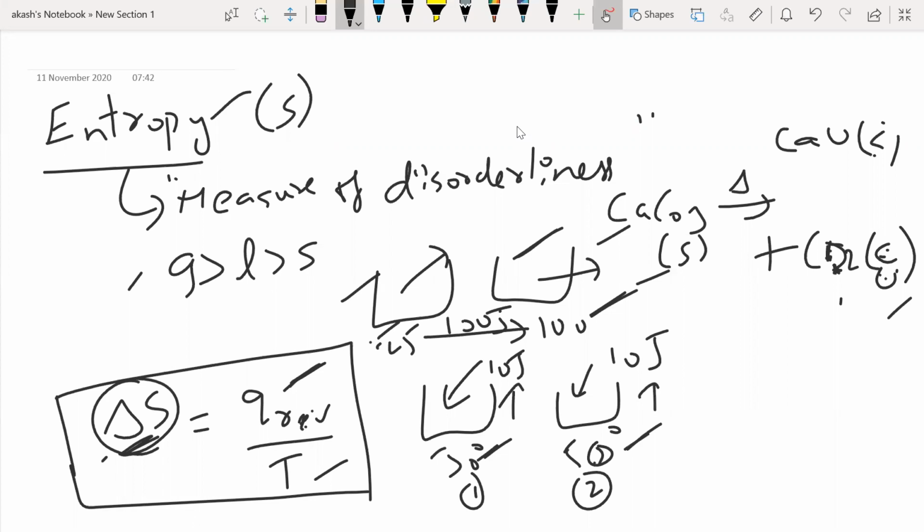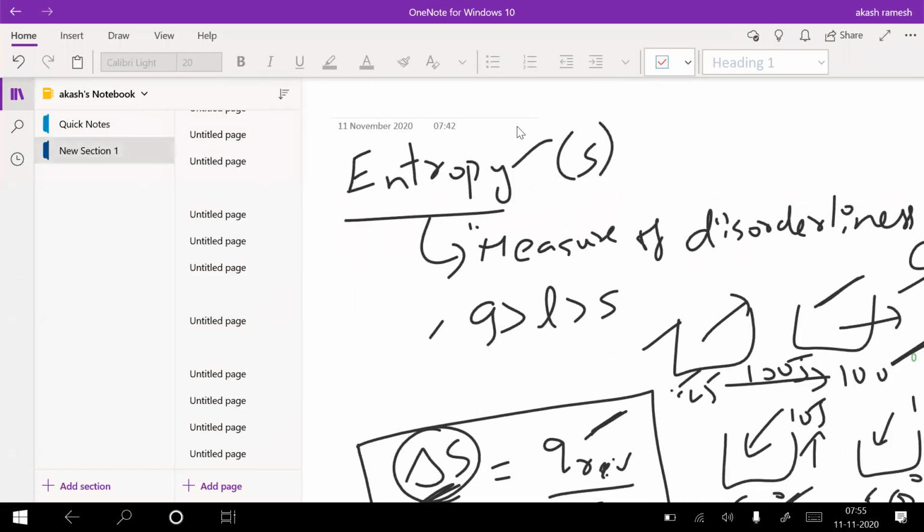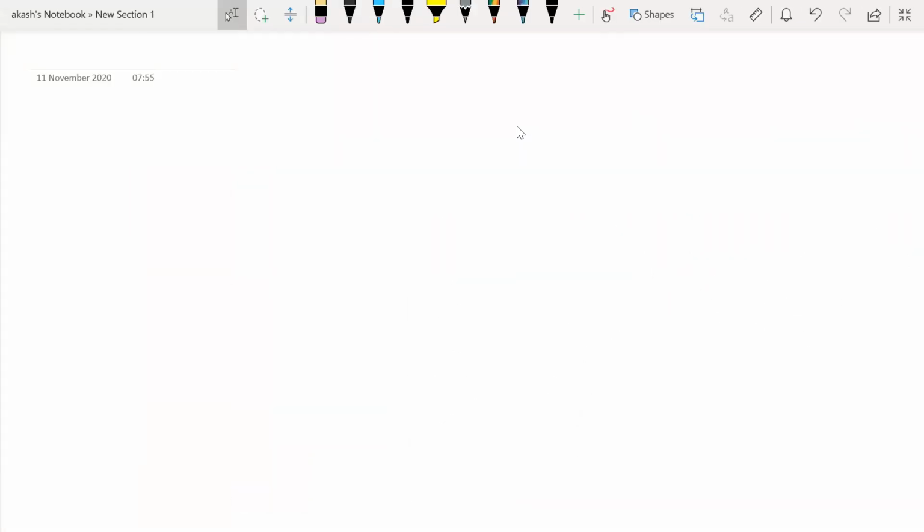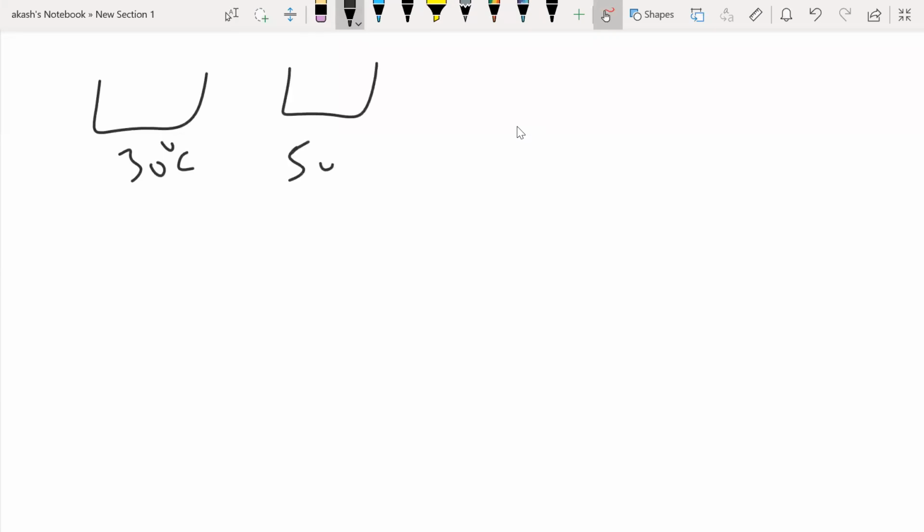Now I'll give you a rough estimate. Let me mark a new page, so let me draw the diagrams again. Say this is at 30 degrees Celsius, and the same gas is at 50 degrees Celsius.